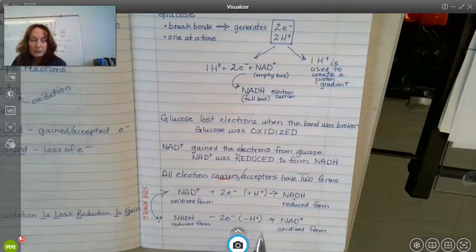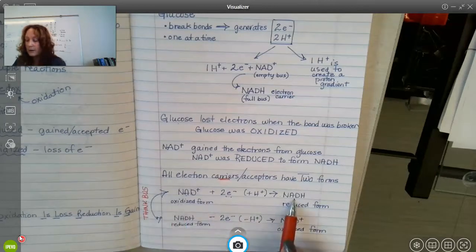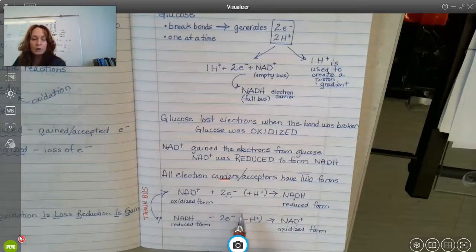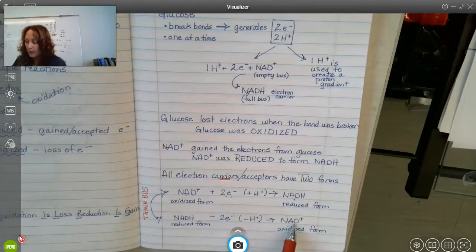All the buses can't be full. If all the buses are full and you don't empty the electrons off, you're in trouble, because those buses are shuttles. They go back and forth, pick up the electrons, drop off the electrons, go back and pick up the electrons, go drop them off.